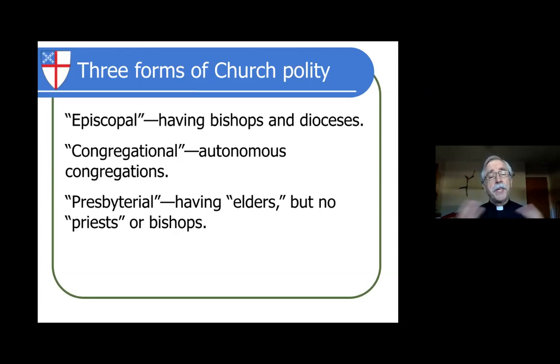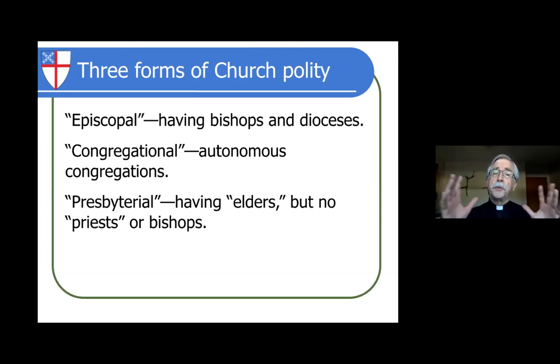And there's Presbyterial, that is like the Presbyterian church that has elders, but no priests and no bishops. Henny can comment on that as we talk about that a little bit more, because she comes out of that tradition, both formerly in the Presbyterian church and before that in the Reformed church, which also comes out of that particular organizing principle.